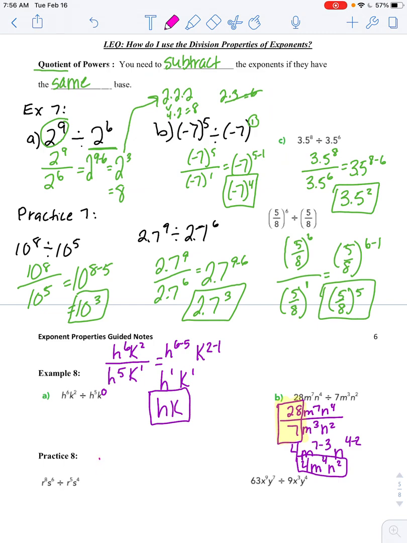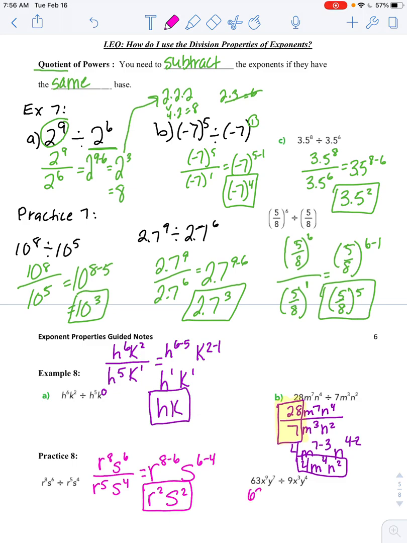All right, so we have r to the 8th, s to the 6th, divided by r to the 5th, s to the 4th. Okay, we're going to start with our r's, subtract 8 minus 5 to get r to the 3rd. Then move to your s's, subtract 6 minus 4 gives you s to the 2nd. So r to the 3rd times s to the 2nd.